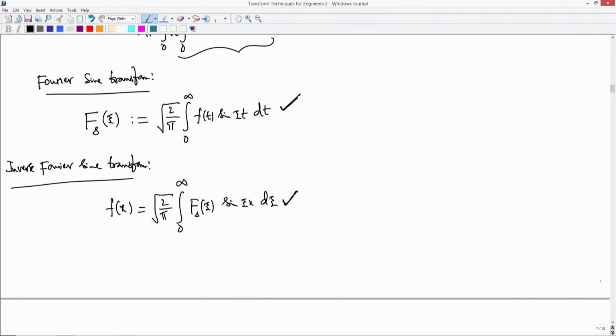Like this you can define your Fourier transform and the Fourier cosine and Fourier sine transforms. Again I stress that for the Fourier integral theorem, either the cosine part or the sine part, the proof I have given is not rigorous.